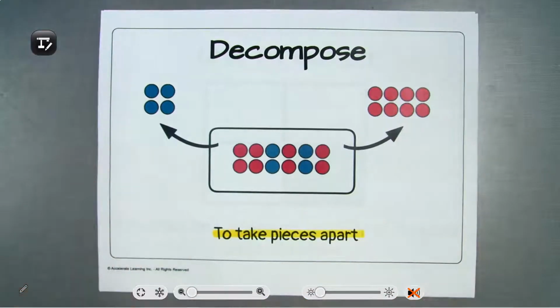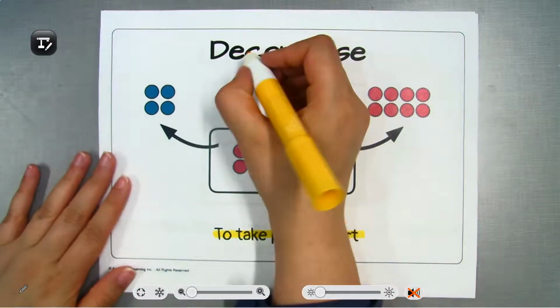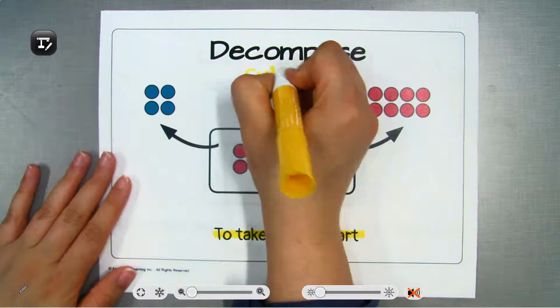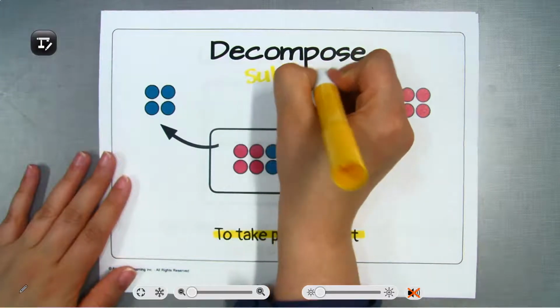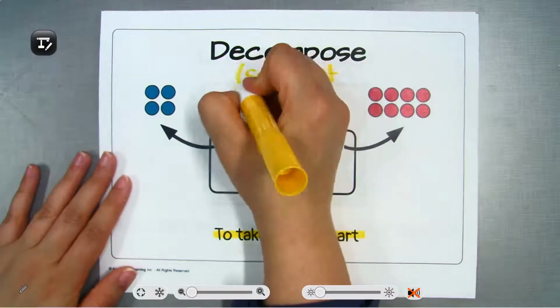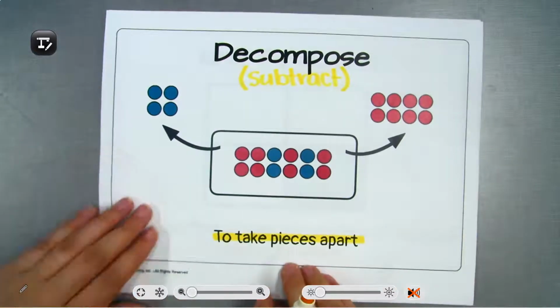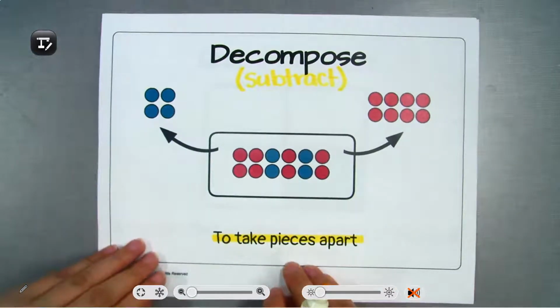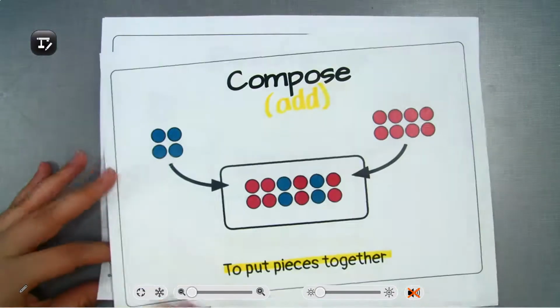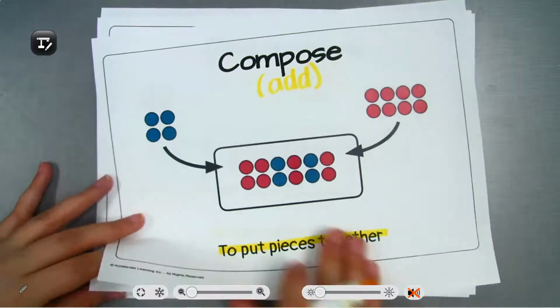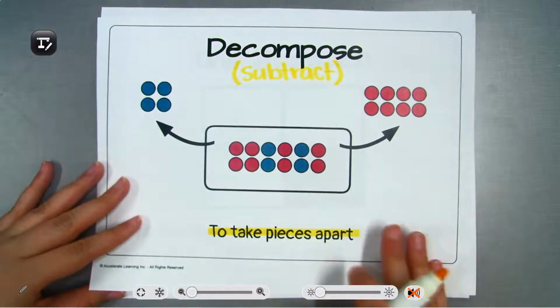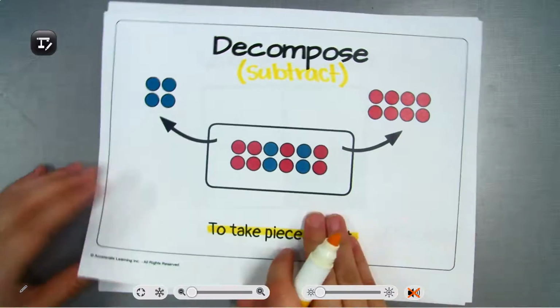So what is another action that we do when we take pieces apart? Subtract. So decompose means to subtract the pieces. Compose is when we put the pieces together. Decompose is when we take the pieces apart. Okay.